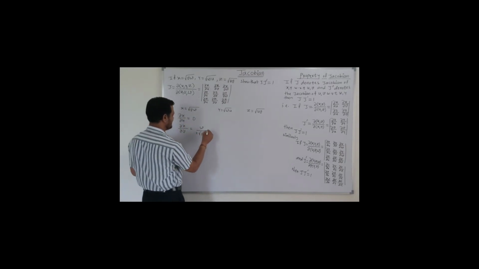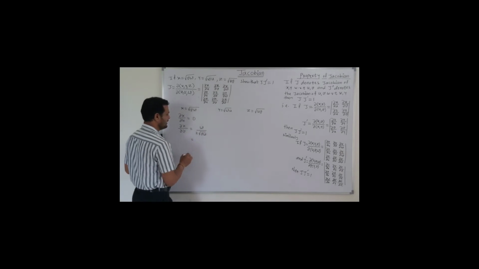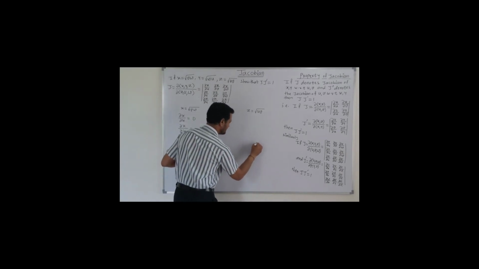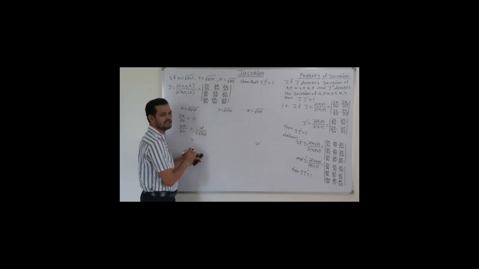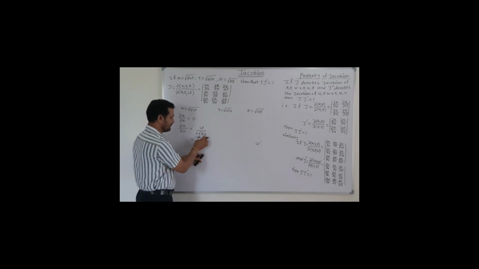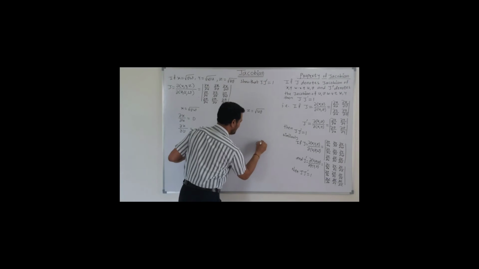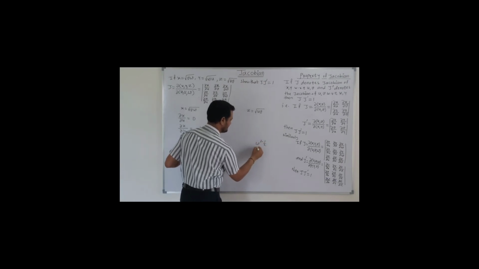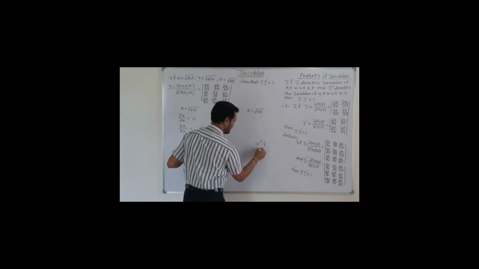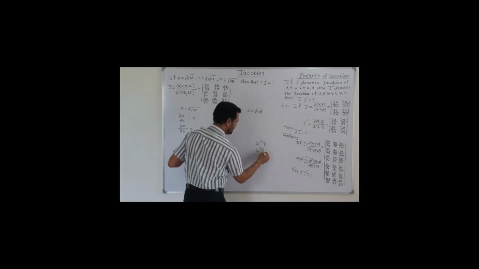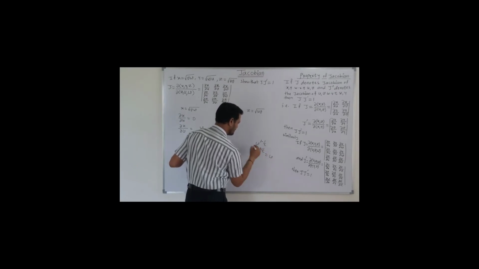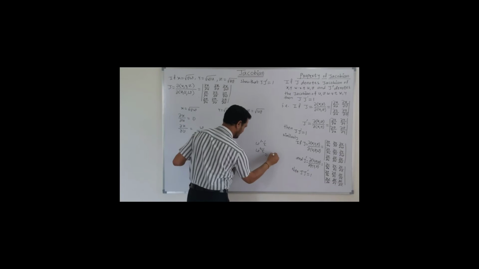If we once again try to simplify this, we get w raised to power 1 in the numerator, and in the denominator the power of w is 1/2. When we take this in the numerator, it becomes 1 minus 1/2, so w raised to (2 minus 1) upon 2. That means this is w raised to 1 by 2.